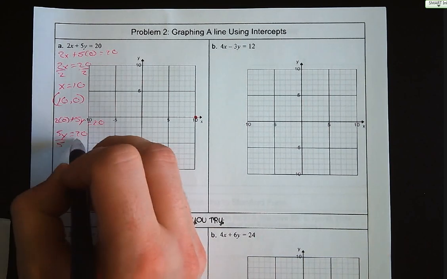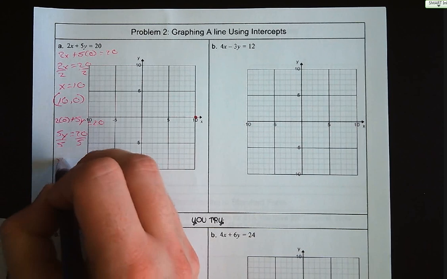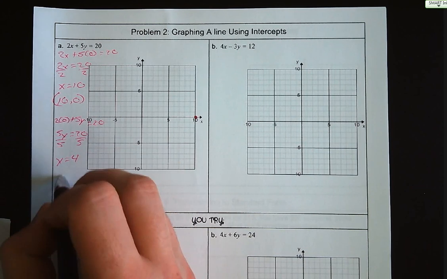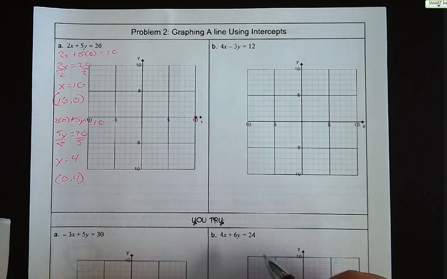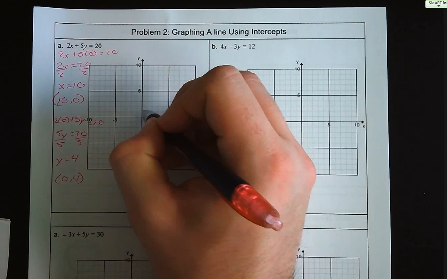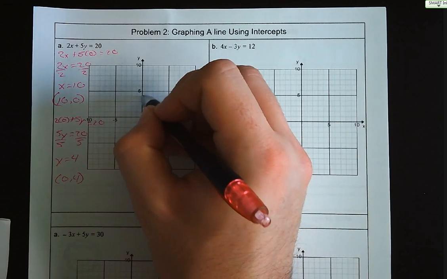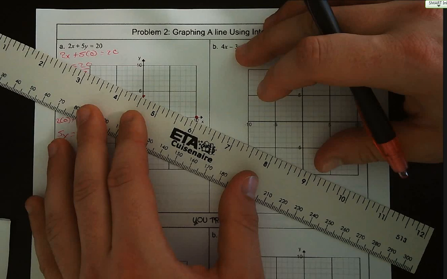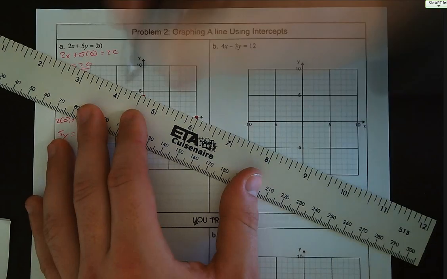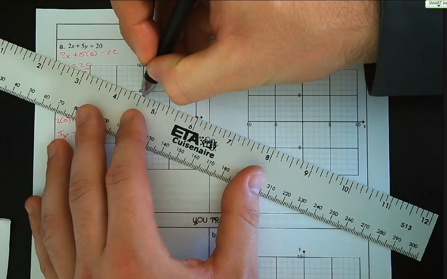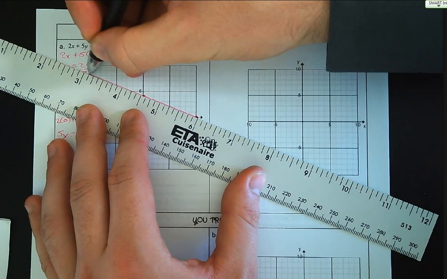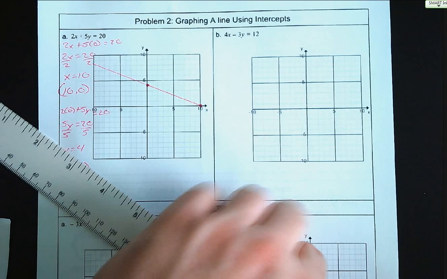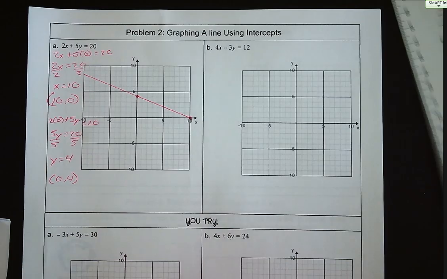Divide both sides by 5, and y equals 4. So your ordered pair is 0, comma 4. So we graph our point at 0, 4, and now we use our ruler to connect our two dots. Remember, your line should extend all the way across your grid.